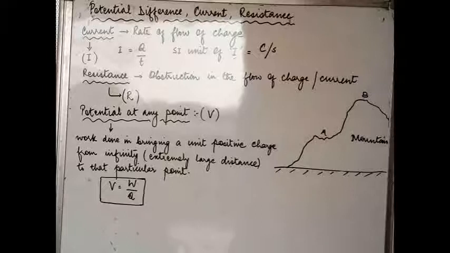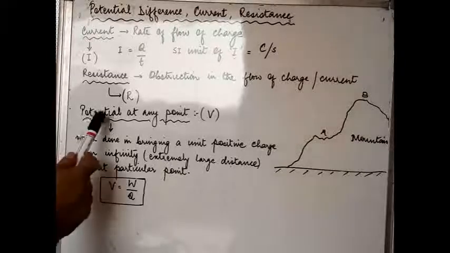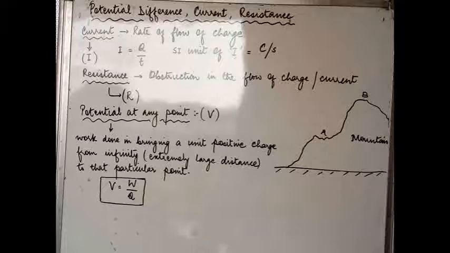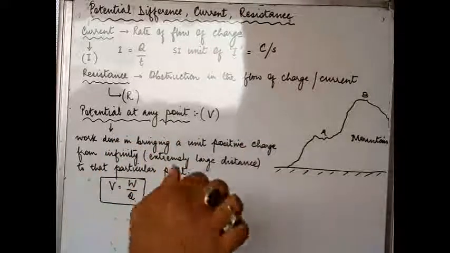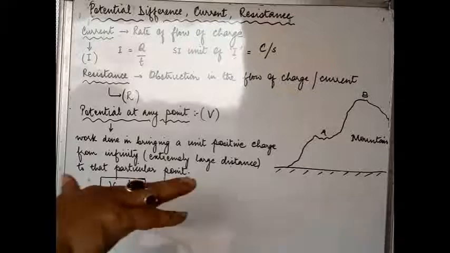Now, having understood the basics of the current and resistance, let us go back to what I had told you a few moments ago, that we will understand the word potential in detail, because remember, it is the difference of potential that causes the current to flow. Just now I gave you that example of a ball which is lying on a level ground.